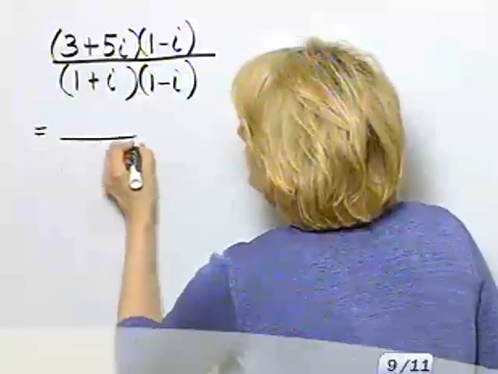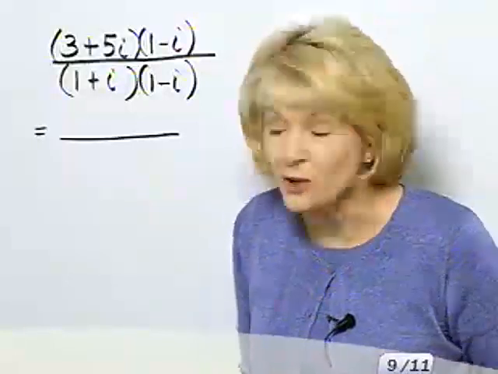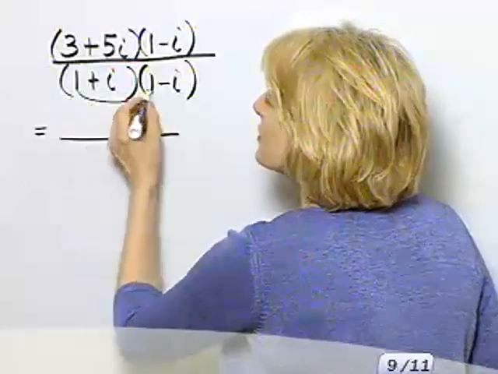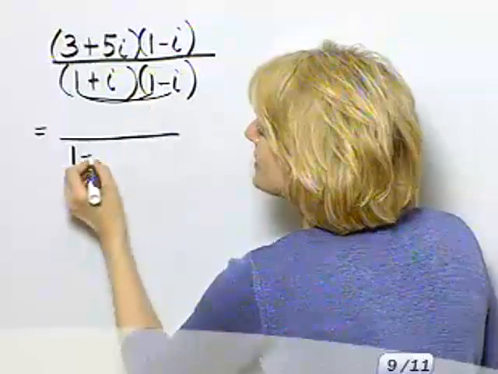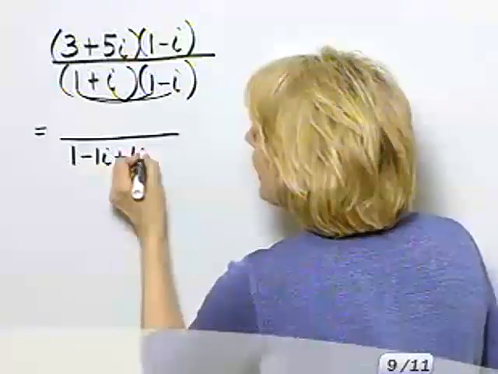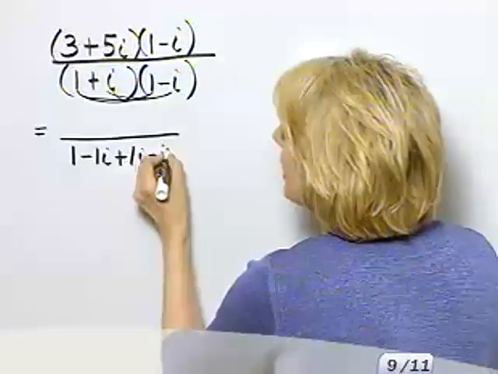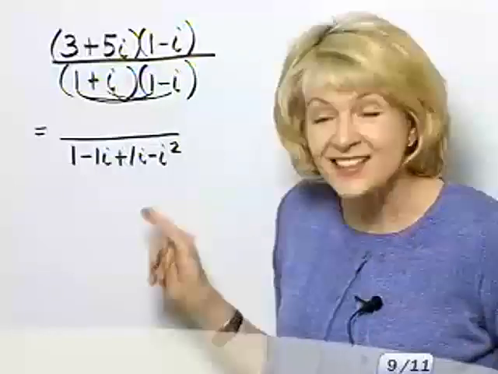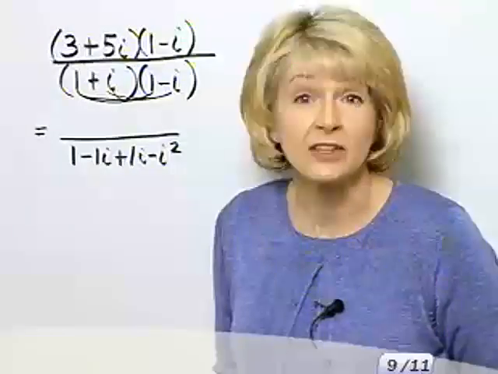Watch what happens in the denominator. Think of this as a binomial times a binomial, and I have 1 times 1, which is 1, minus 1i, plus 1i, and then last times last, minus i squared. I'll simplify that in a moment, but let's go ahead and do the same thing in the numerator.